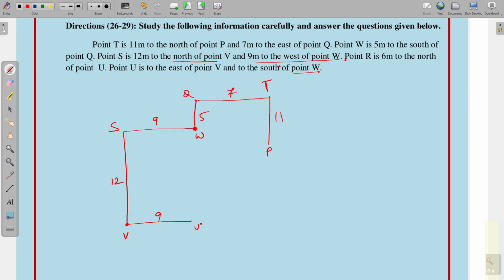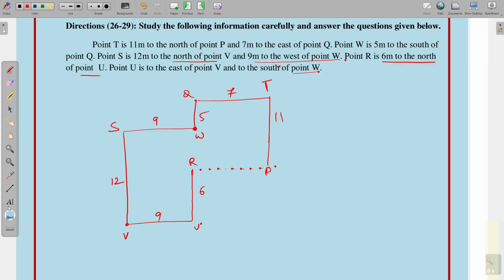R is 6 meters to the north of U, here. Both P and R are in the same line. It is 12 plus 5, 17, and 11 plus 6 is also 17.